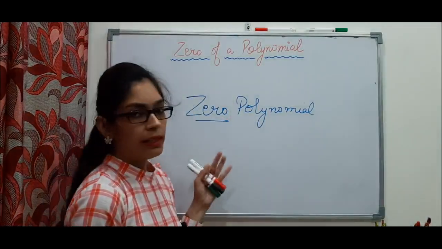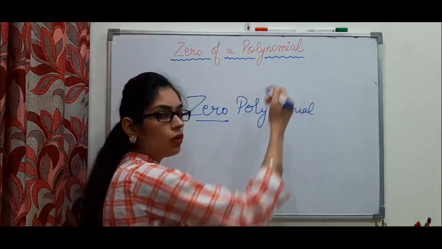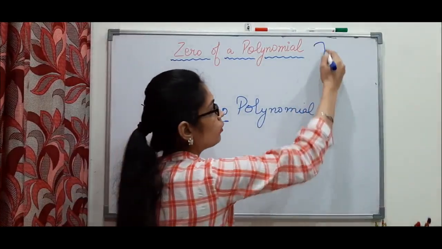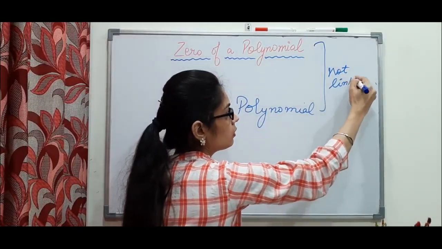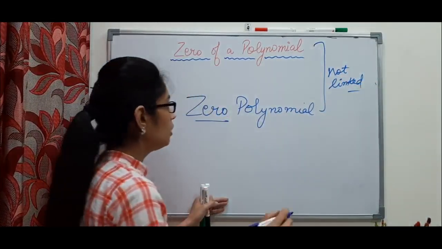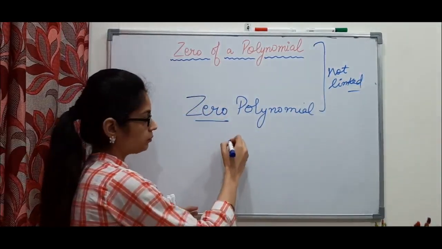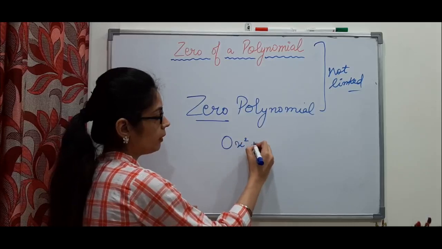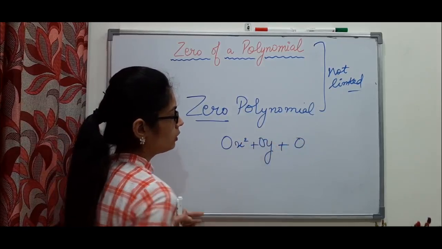Before explaining, I want to tell you one thing: zero polynomial and zero of a polynomial are not linked to each other. They are completely different terms. Zero polynomial means, let's take one expression, 0x square plus 0y plus 0.